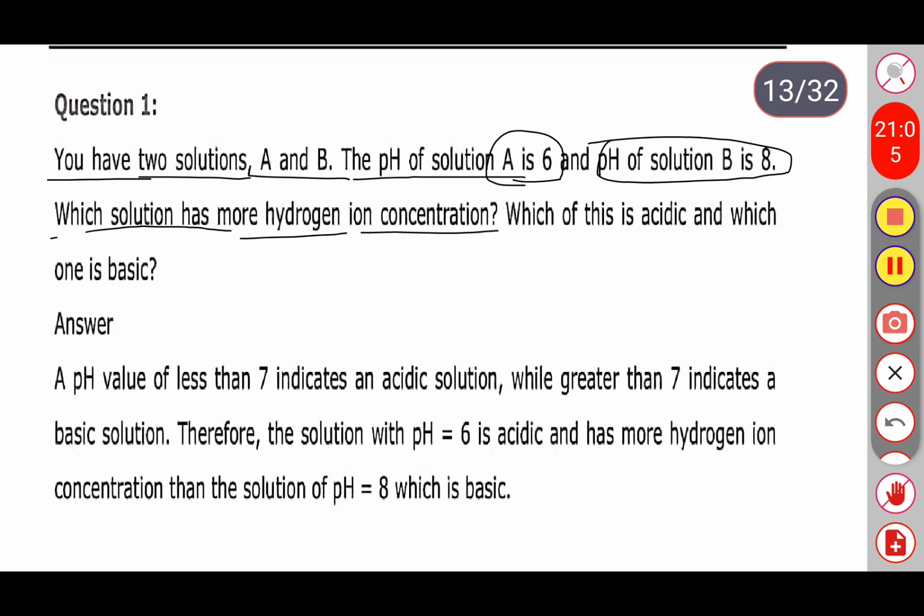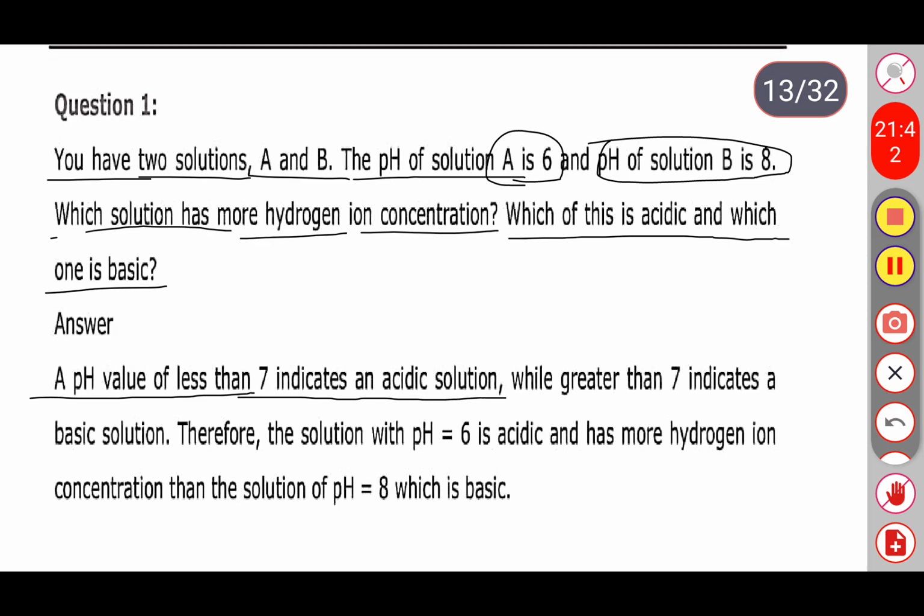We already learned in the previous classes that acidic solutions always have a pH value less than 7. If the pH value is more than 7, we consider the substance a base. If the pH value of any solution is 7, then that solution is neutral. A pH value of less than 7 indicates an acidic solution, so solution A is obviously acidic, while greater than 7 indicates a basic solution.